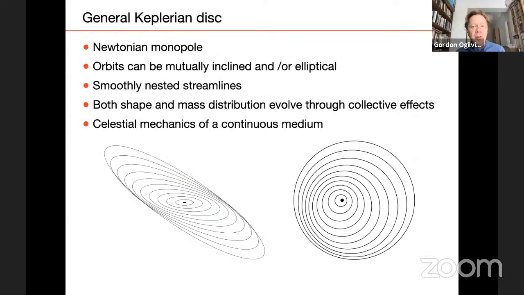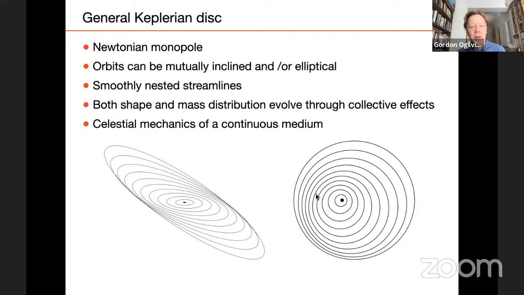Okay, now I've been interested for quite a while in a more general concept of a Keplerian disk. And we know that around a Newtonian point mass, the orbits can generally be inclined at any angle, or they can be elliptical.